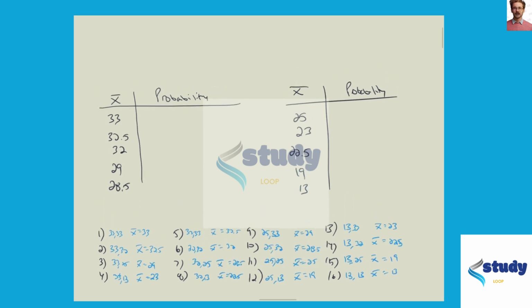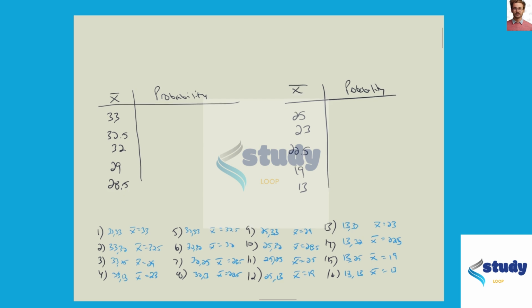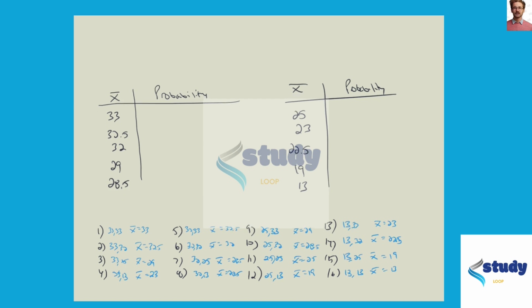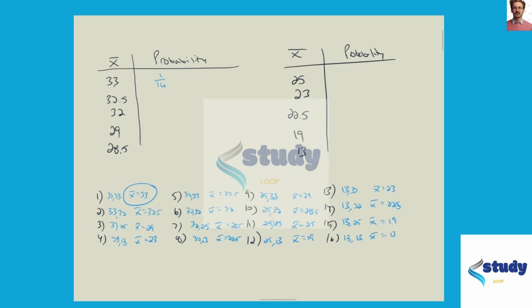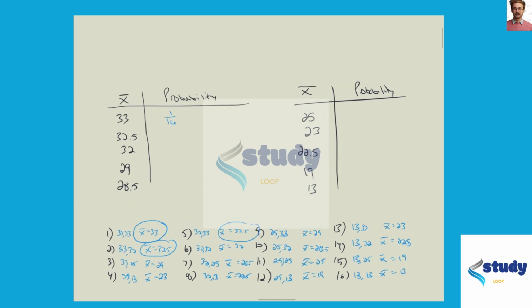So the probability of getting a 33 as the mean is just this one here, which would be 1 out of the 16. There's 1, 2 for 32.5, so that's 2/16, but you could also write that as 1/8.